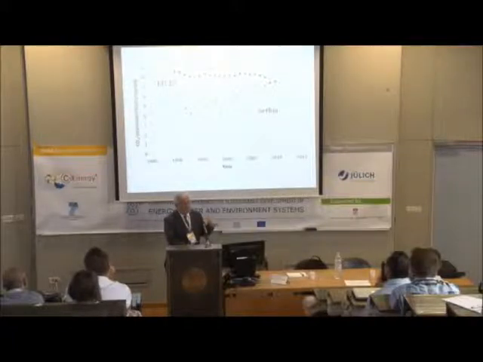As I already mentioned, this one is calculated from total primary energy supply. And that means absence of any action in connection with energy efficiency and in connection with renewable energy.